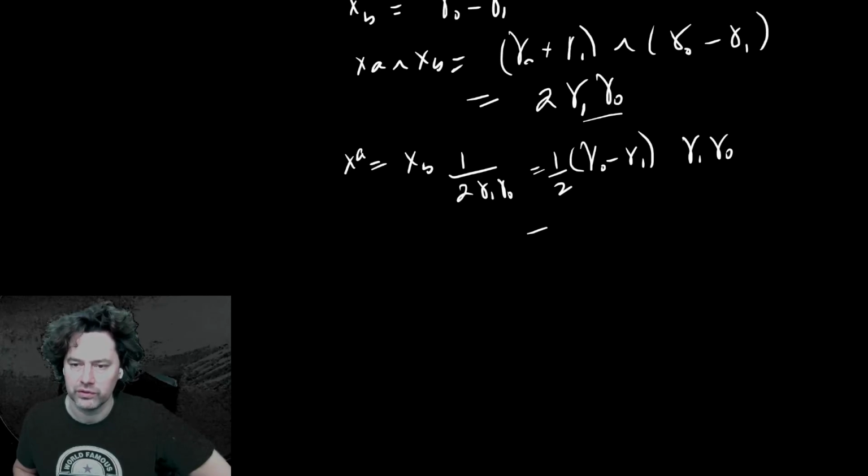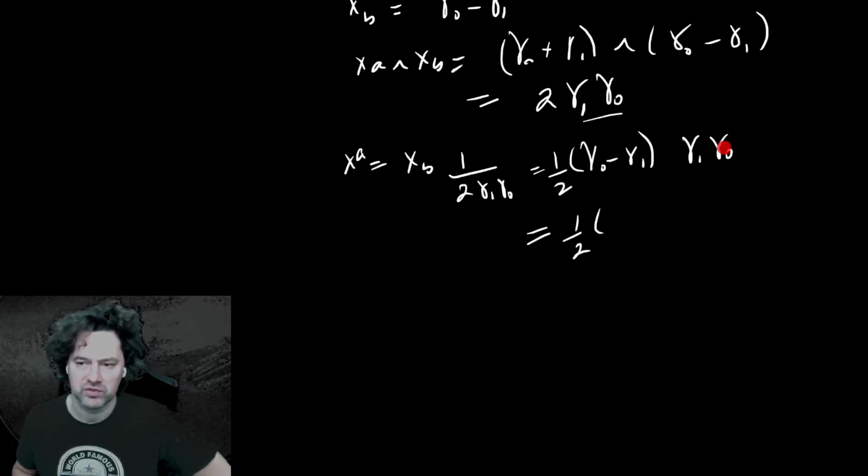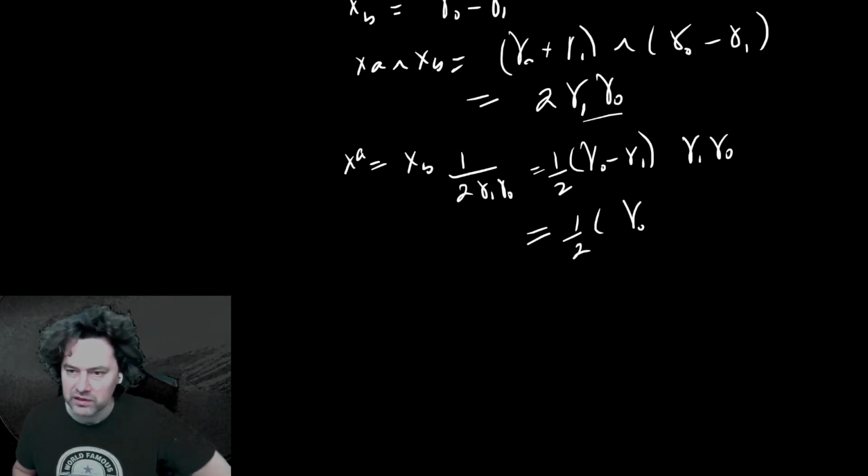And we are left with half of gamma 1 times gamma 1 is minus 1, so we have minus minus 1, which is plus 1 times gamma naught, which is gamma naught. So half of gamma naught, and our next term is gamma naught times gamma 1 gamma naught, which is minus gamma naught squared gamma 1, which is minus gamma 1. Let's see if that works.